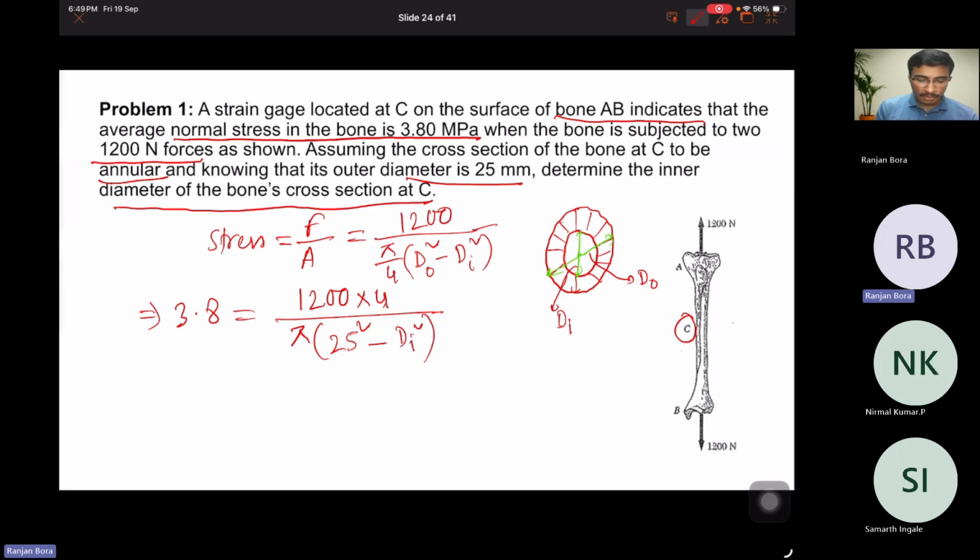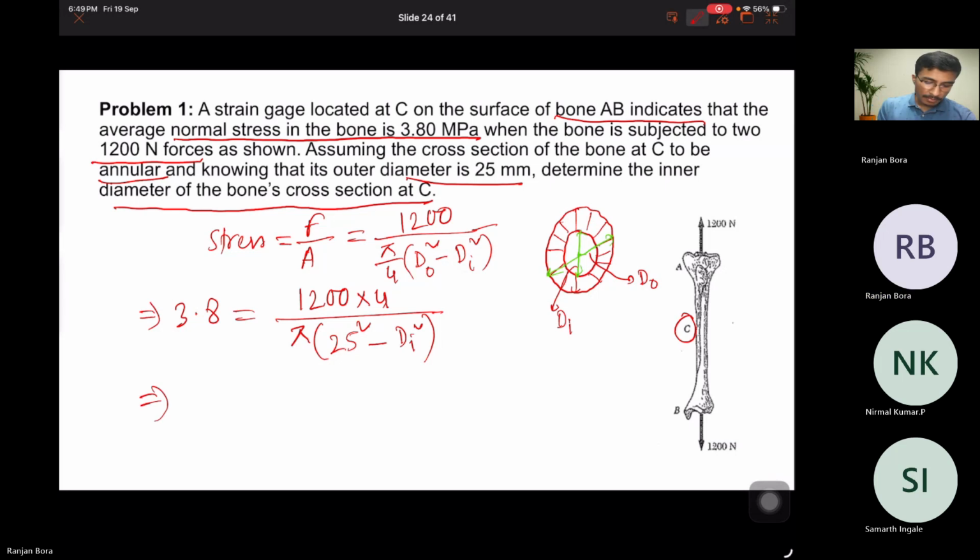Here I am not converting this megapascal into Pascal because I am taking the stress unit megapascal, force unit Newton, and the length unit in mm. So if we do this, we'll get the inner diameter value in terms of millimeter.